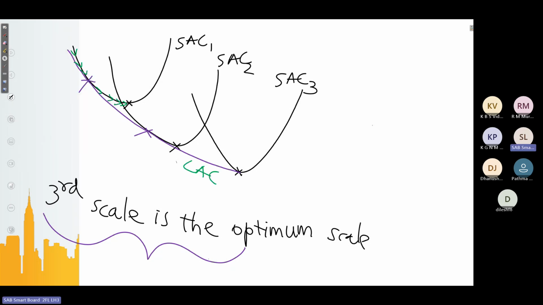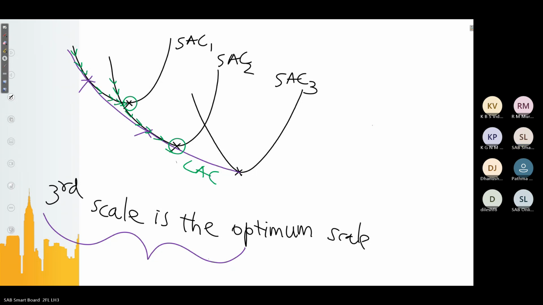It is tangent in their declining portions, not at the minimum point. This is the minimum point. Got it? Here also it happens: the long run average cost curve is tangent to the short run average cost curve in their declining portions, not at the minimum point.